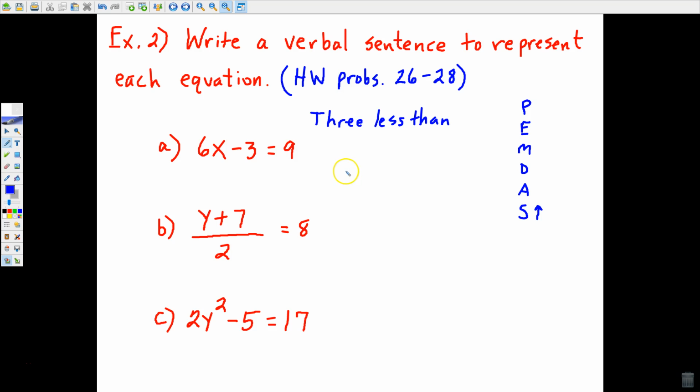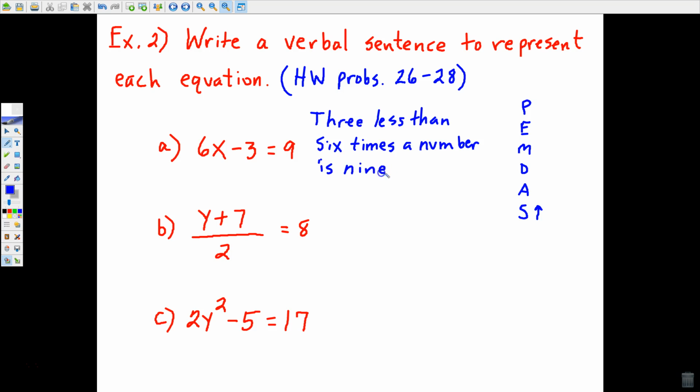So we can say 6 times, and then of course we're just saying a number in this case. And then since we have an equation, we always let the word is stand for the equals. Is and equals are the same thing. And so we're going to say 9.